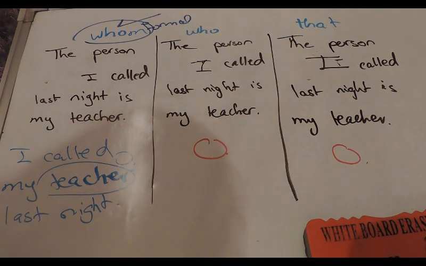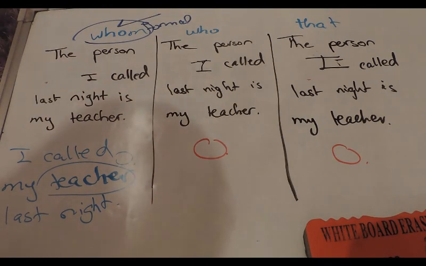It is not wrong if I say the person who I called last night is my teacher, also who here is objective. And it is not wrong to say the person that I called last night is my teacher, because that refers to people, in this case whom and who, it is also objective.